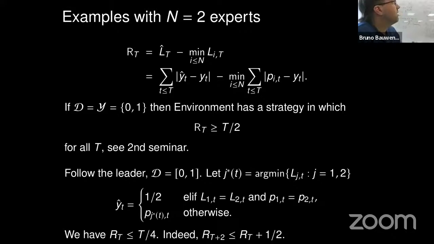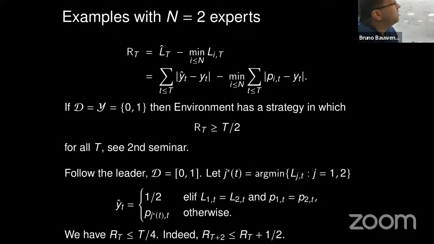If we do something really stupid, for example, if there are two experts who always say 0 and we always say 1, then we have regret T, but it's not possible to have more.